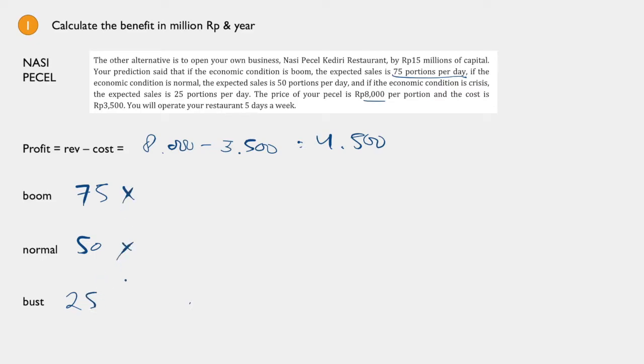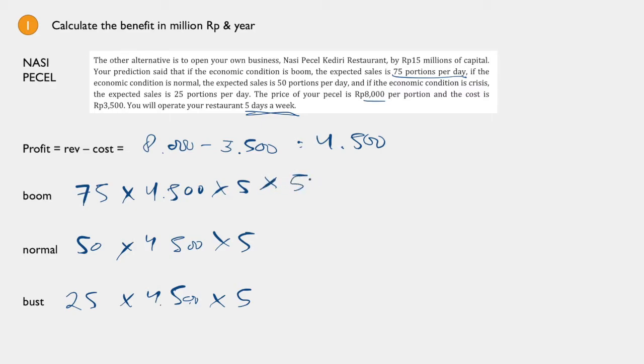We multiply all of this with our profit. And we also have to multiply it by 5 days a week because we open 5 days a week. With this we will get the profit for each week, and because we were asked to count it on a yearly basis, we will have to multiply it by 52 weeks because in 1 year there are 52 weeks.